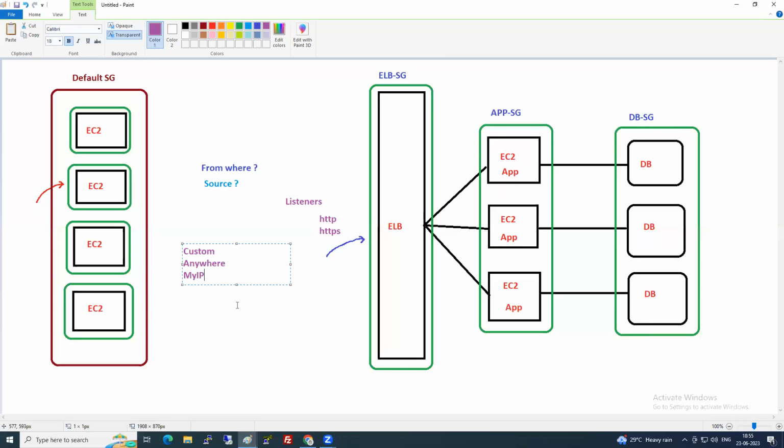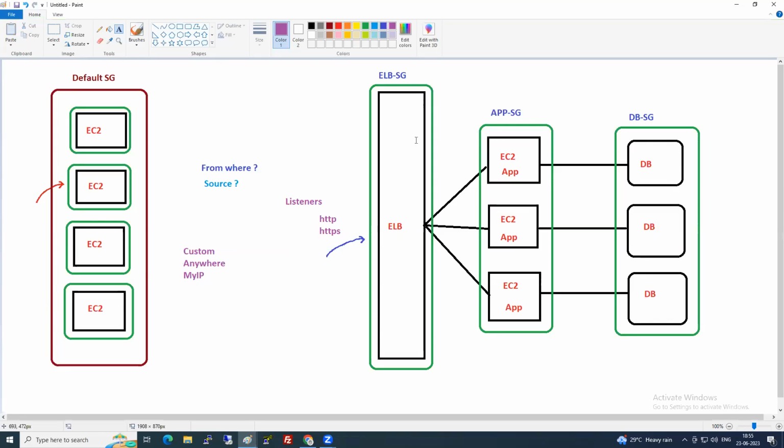Anywhere. If you want to access it only from your laptop, My IP. And if it should be accessed only through a certain network, Custom. Got it? Different types of sources here.